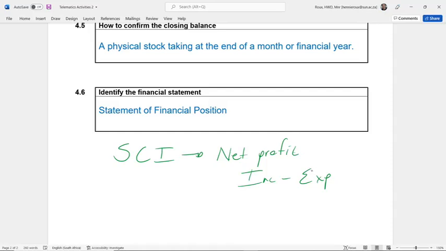But trading stock is not income or expense, therefore it will be shown in the statement of financial position where we see that assets equals owner's equity plus liabilities. So we have the assets, owner's equity, which is the capital, plus the net profit minus the drawings, plus the liabilities, and that will be the same. Therefore, trading stock is an asset, will be shown in the statement of financial position.